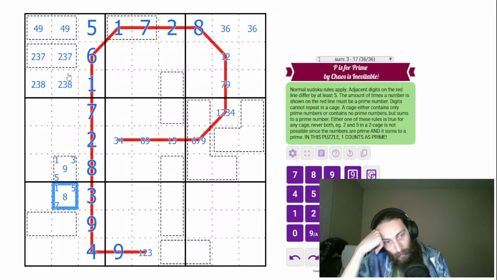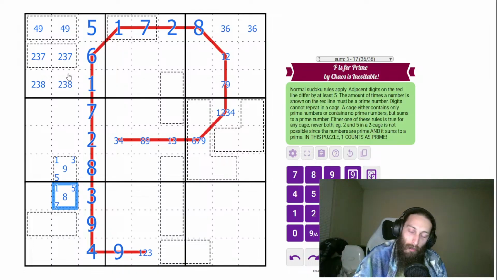Although they have to be all odds, which is going to make an even number, which means they all work. Right. But 2 and 1 makes 3, 2 and 5 makes 7.